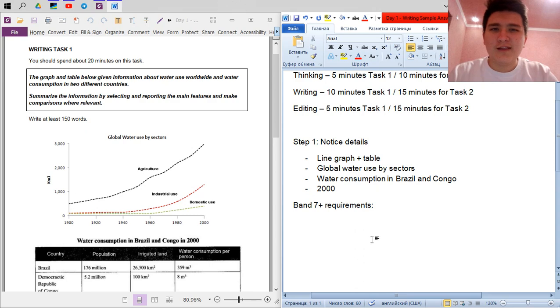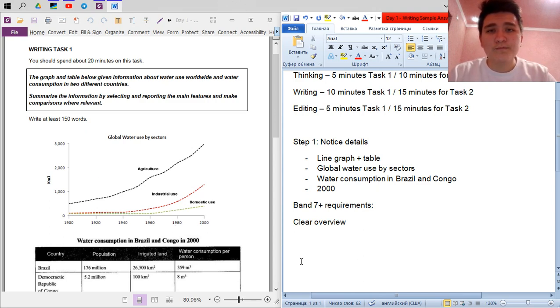The most important thing of all is having a clear overview. If you don't have a clear overview, that means you didn't understand the task well, and then you'll not be able to write a quality essay. We're going to talk about how to write a clear overview.